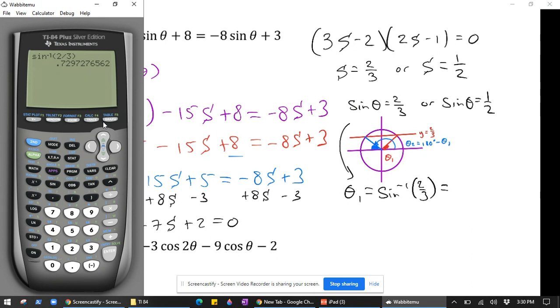It said round to thousandths, so 0.730, and that means that theta 2 is equal to, I said 180 degrees, I really meant pi, right? So pi minus 0.730. We're going to do pi minus our answer here to get 2.412.